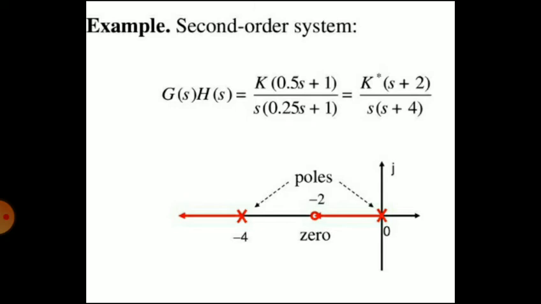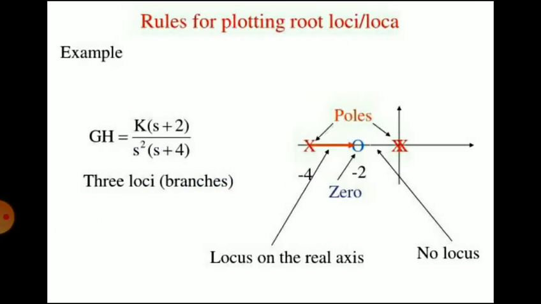That is an odd number, which means there should be a point on the root locus between -4 and -infinity. That is shown here, the locus on the real axis and no locus. This is another example, s plus 2 and s square, s plus 4.